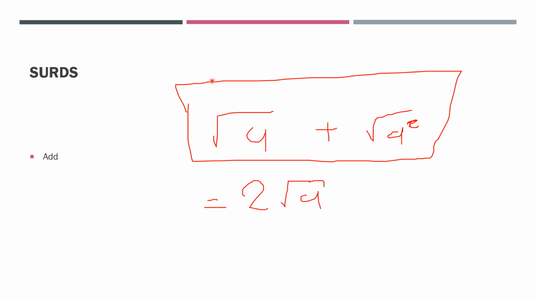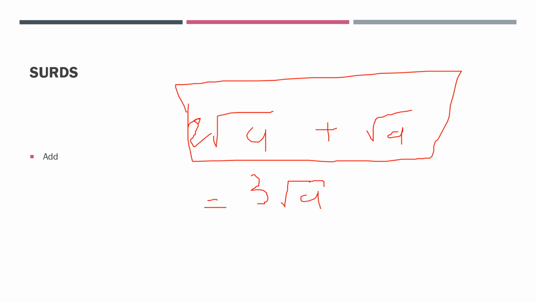What is inside the square root must be the same. Let's say we have the square root of a plus 2 square root of a plus the square root of a. We say 2 plus 1, which is going to be 3. We're just going to take this set as a normal a or b, as a normal variable.